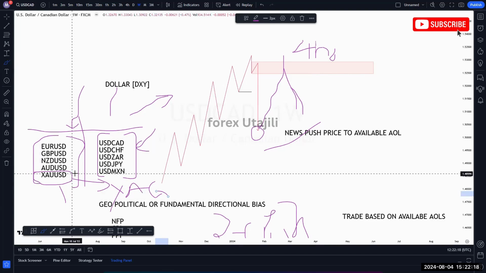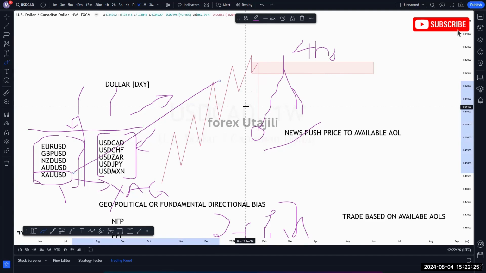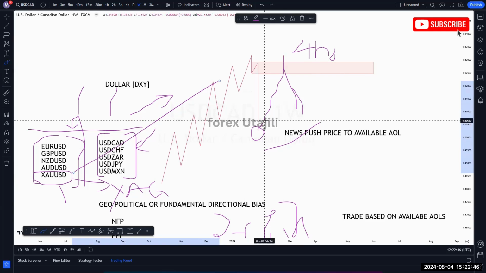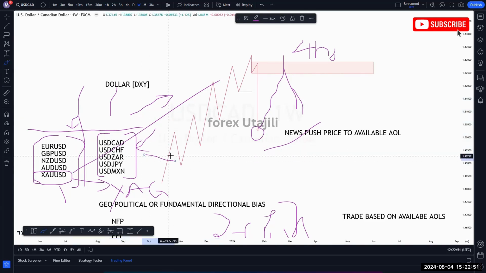Okay, so this is what we always consider. After getting the area of liquidity available on DXY, whenever we spot an available area of liquidity on DXY, before even deciding what's next, we also have to go and investigate all of these pairs to see the structures we have there.